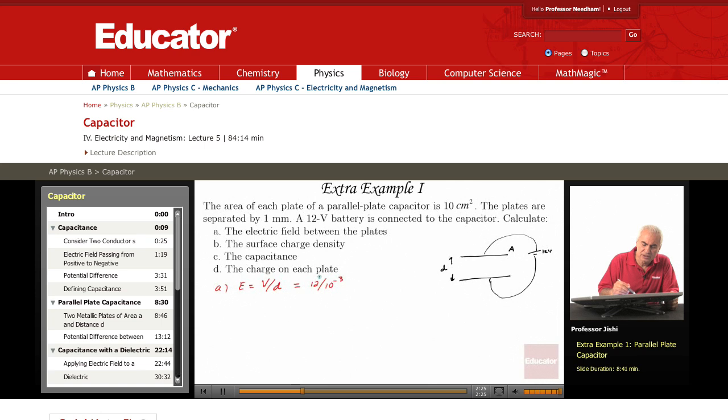This is volts per meter. So this means that it's 12 times 10 to the 3, 12,000 volts per meter. This is the electric field. The units are volts per meter. That's, in fact, equivalent to newtons per coulomb.